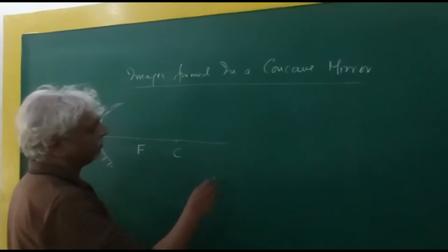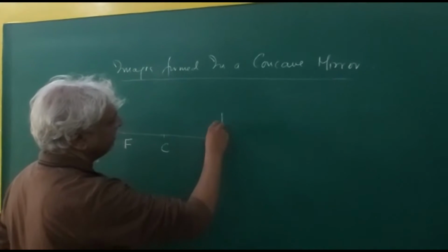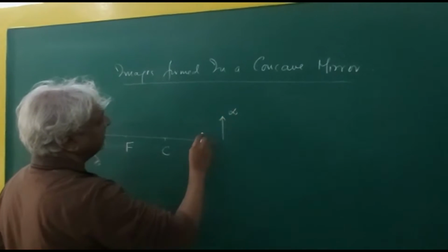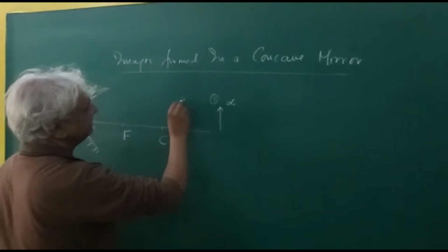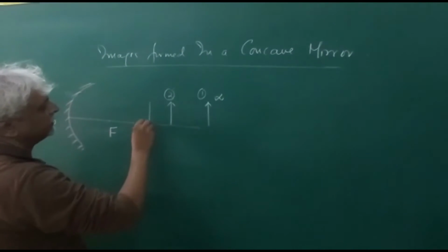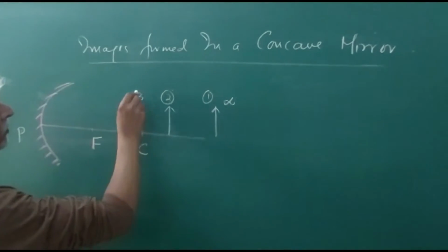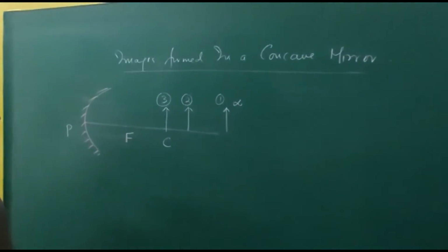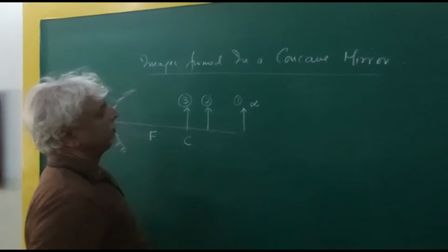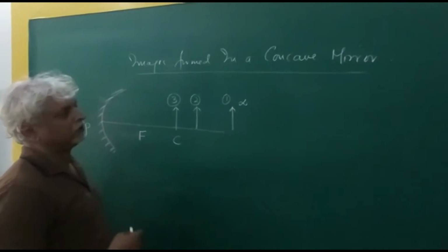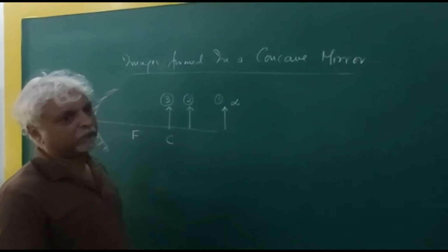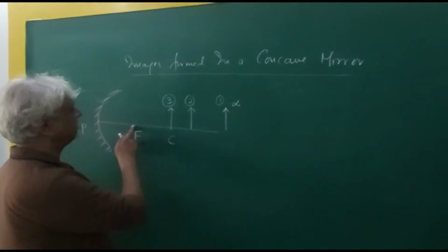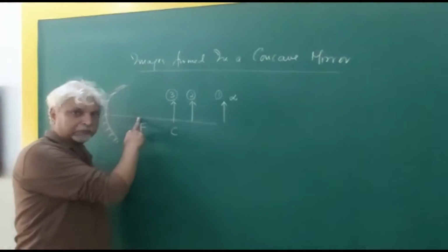One was when the object was placed at infinity. Second case was when the object was placed beyond C. And the third case when the object was placed at the center of curvature. We noticed that at infinity the image was real, inverted and very small, formed at the principal focus.